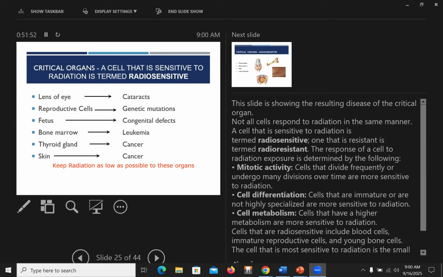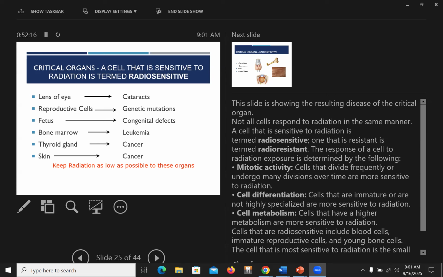So going on about the sensitive cells. We have different kinds of cells in general that we think about as being more sensitive to the damages of radiation. Things like the lens of the eye, if there's a lot of radiation hitting that area perpetually, can result in cataracts.